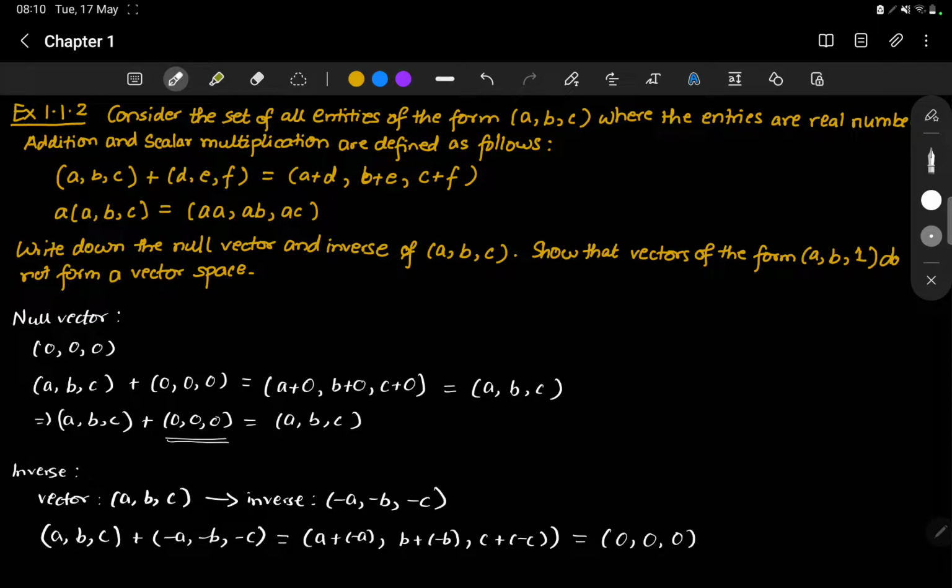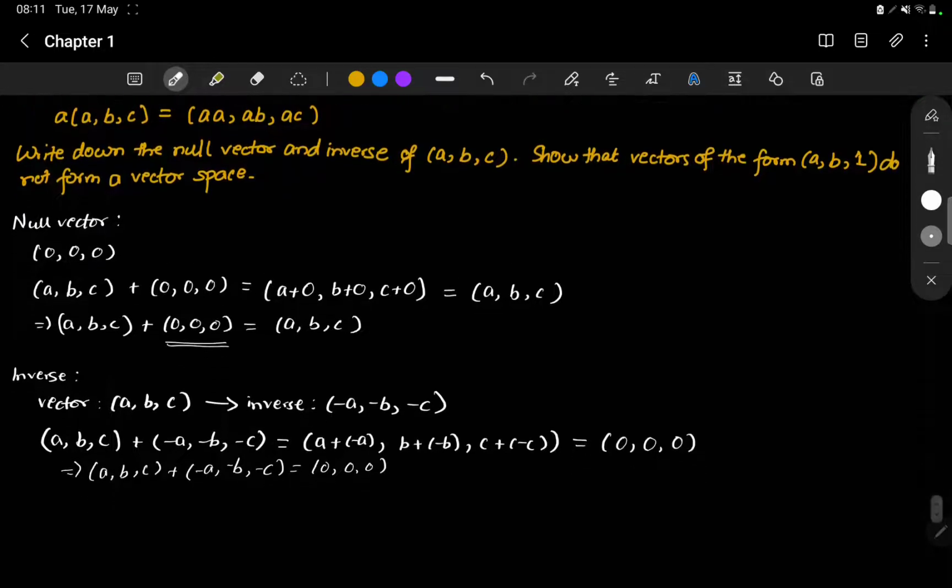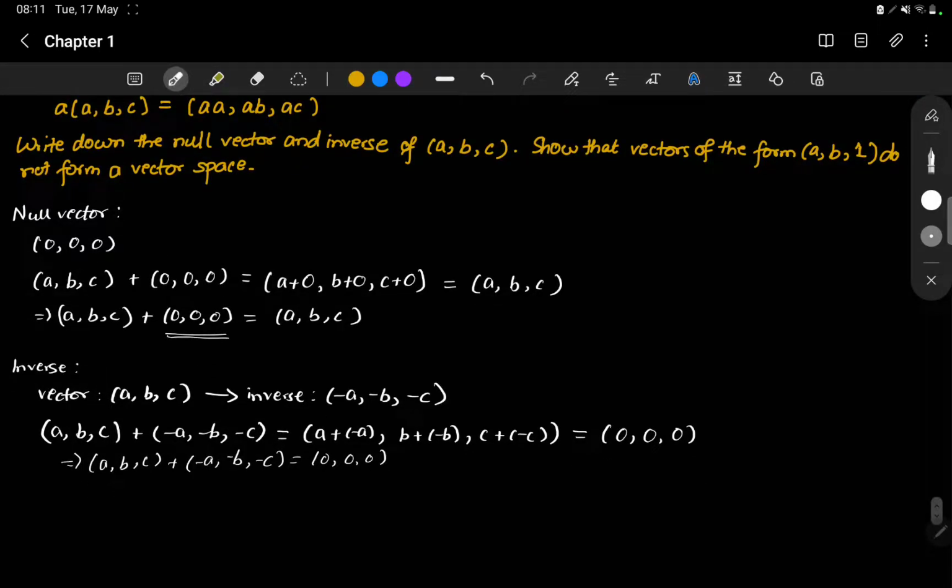So what does this say? That the sum of two vectors over here, a, b, c and minus a, minus b, minus c, is giving us the null vector. So we are getting the null vector, and by the definition of inverse, we know that if we add the inverse of a vector to the vector itself, then we get the null vector.